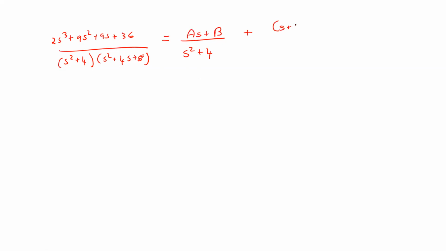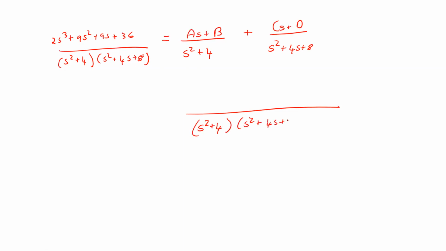You give it two constants, one constant tagged along with s, and then you have the denominator. Again this will be like our previous methods: you have to solve for the constants A, B, C, D. The denominators will be the same.